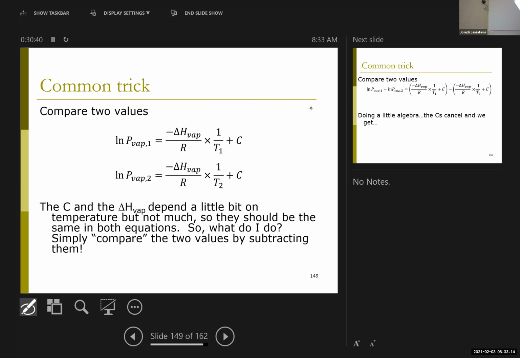On the other hand, if I've already established that it's a linear dependence, then I could just look at 2 data points. And so my 2 data points are 2 different vapor pressures at 2 different temperatures, and I just want to compare them. And, as a general rule, because I'm all about process over results, compare almost always means subtract or divide.